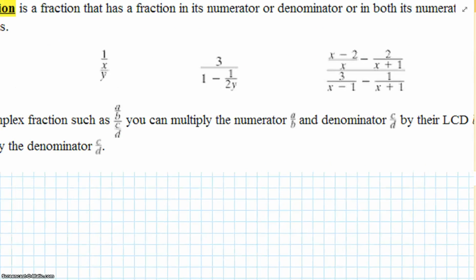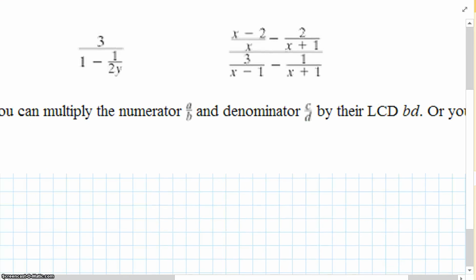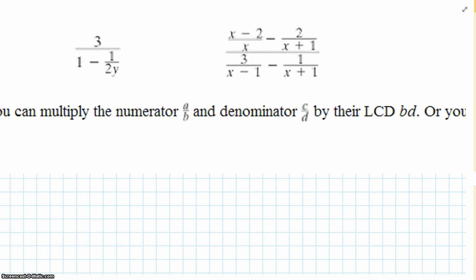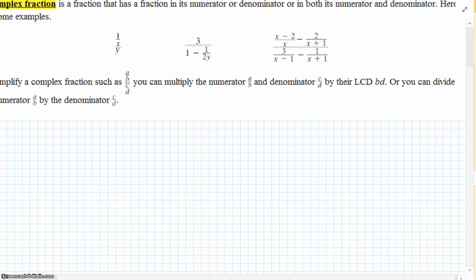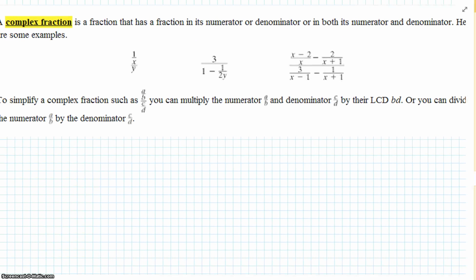Here's an example: 1 over x over y; 3 over 1 minus 1 over 2y; and x minus 2 over x, over x plus 1... To simplify complex fractions, all you have to do is multiply the numerator and the denominator by the LCD, their least common denominator.